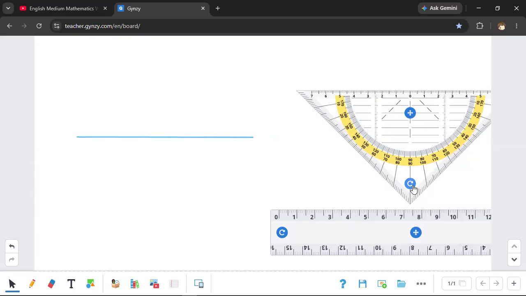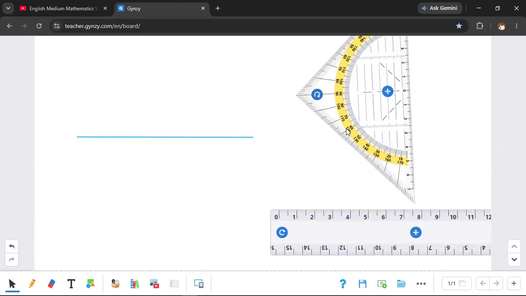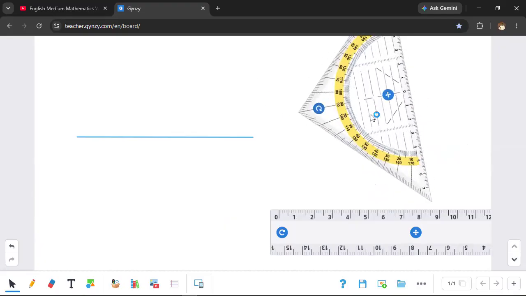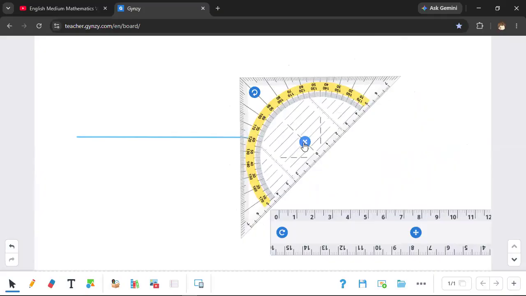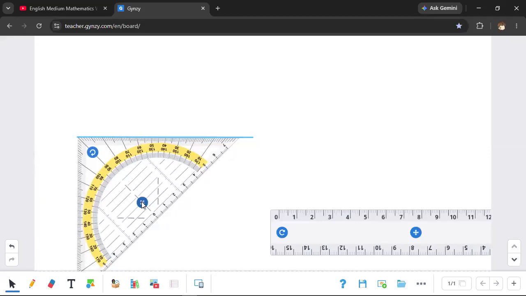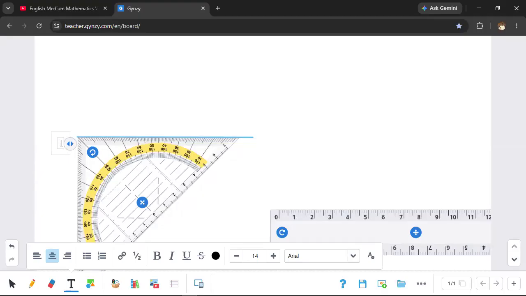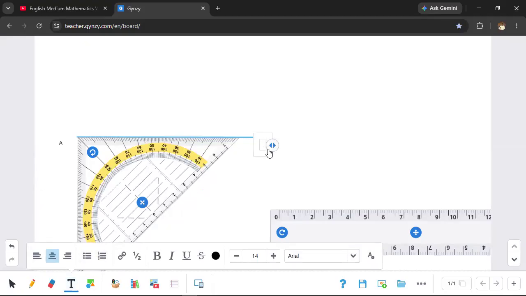And now what we are going to do is place your set ruler like this, exactly coinciding with the fixed line. Right? So on the fixed line I will mark point A, right? And point B here. Okay.